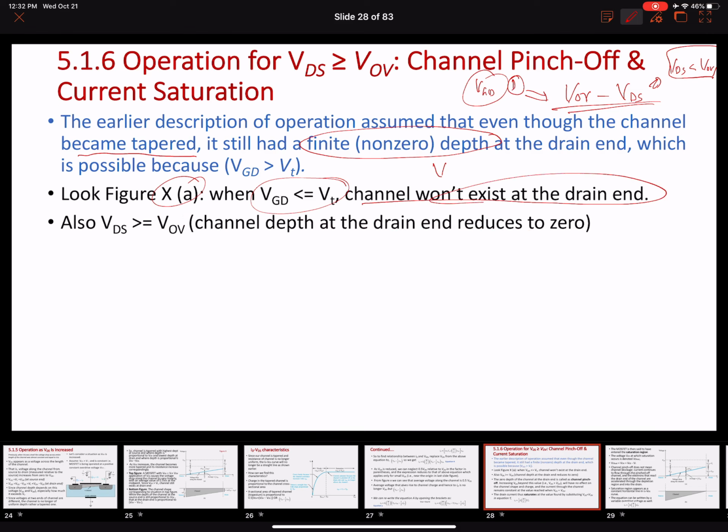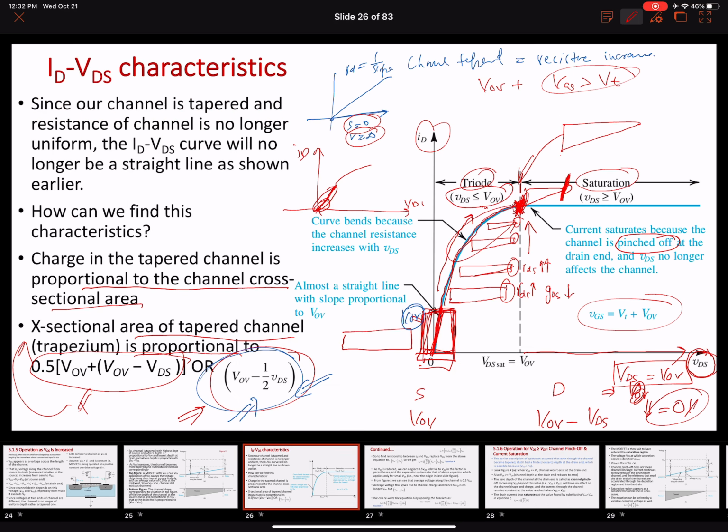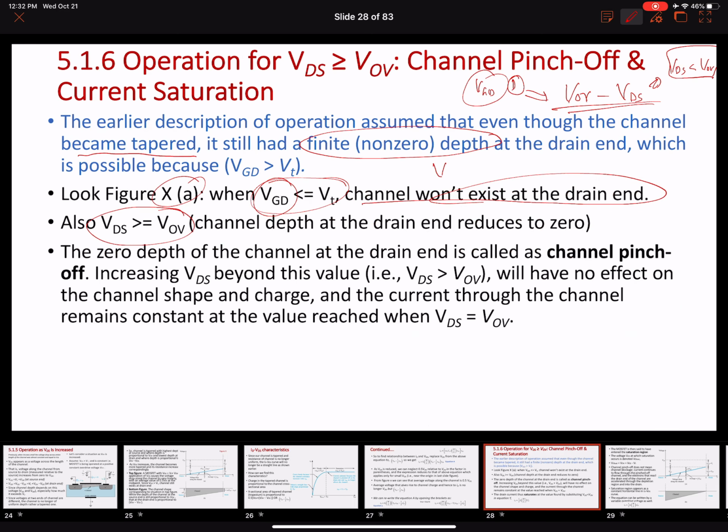Or you can think of it in terms of VDS: when VDS becomes equal to VOV or greater, the channel is pinched off. The channel does not exist at the drain end. This zero depth of the channel at the drain end is called channel pinch off.